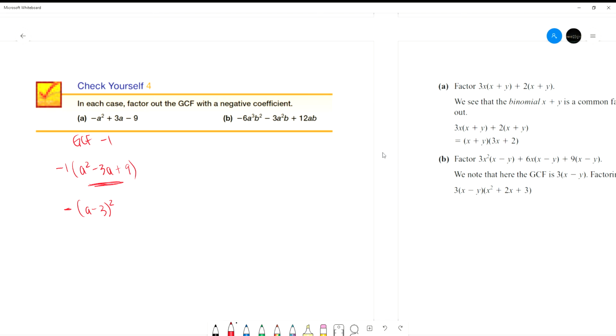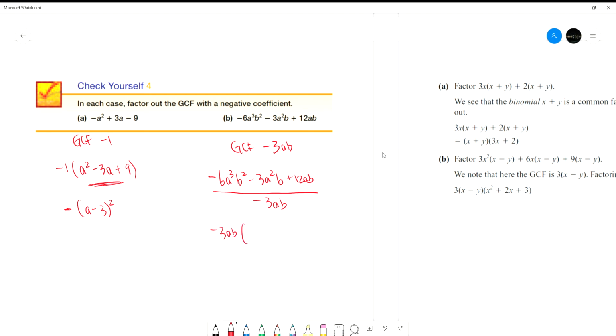Okay. The second problem, I noticed that negative 3, right? You see how negative 3 is part of the GCF, and then you have a b. Did you all get that? So when you divide this out, negative 6a cubed b squared minus 3a squared b plus 12ab, and you divide it by the GCF, you get what?